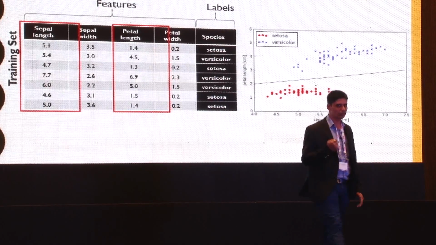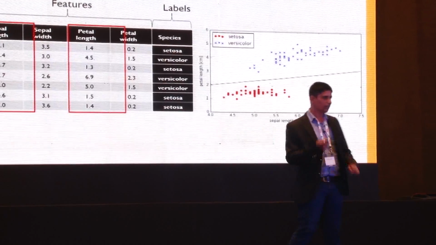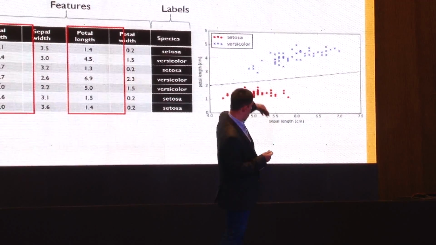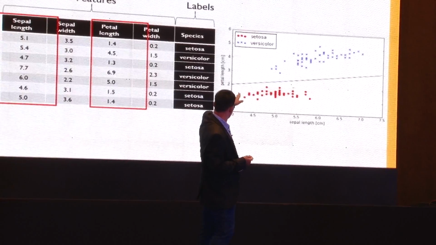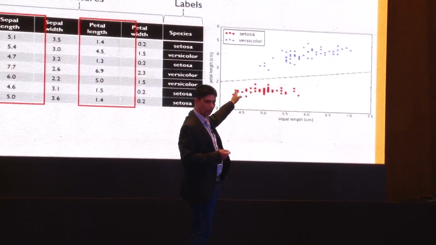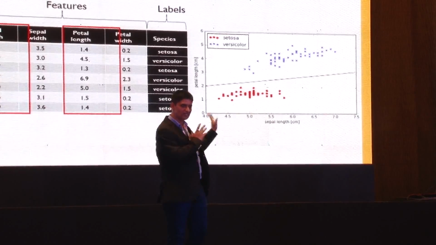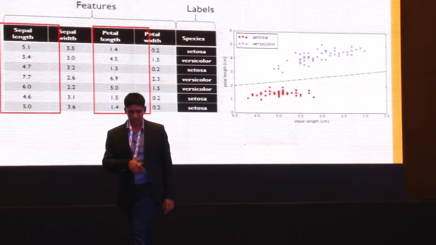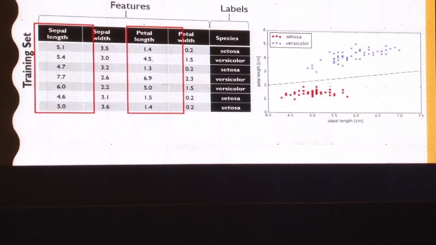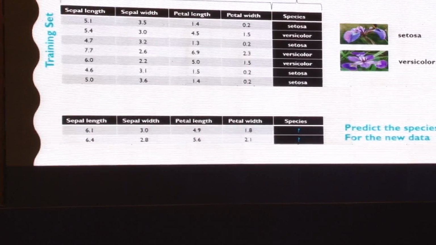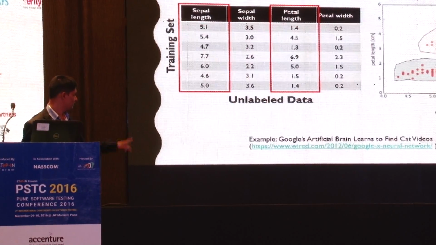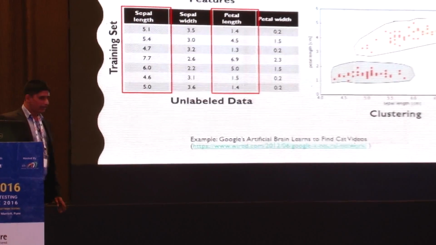So any new data point that you receive and want to make a prediction for, if that point falls above the line, then it's a versicolor species of the flower. As you see here, all the blue points are above the line, so you can make a prediction. So this is classification, while the other case that we saw, unsupervised learning, is clustering.